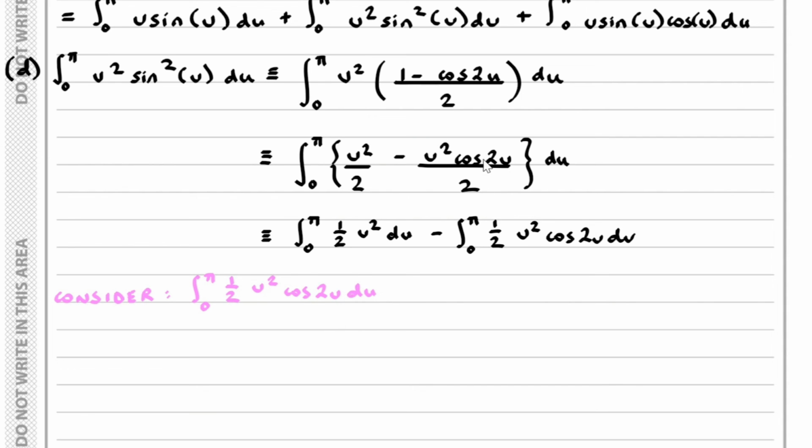So if I was to integrate this by parts, we've got 1/2 u squared multiplied by the integral of cos 2u, which is 1/2 sine 2u, and I need to evaluate that between 0 and pi, and then I subtract the integral from 0 to pi of the differential of 1/2 u squared, which is u, multiplied by the integral of cos 2u, which is 1/2 sine 2u.